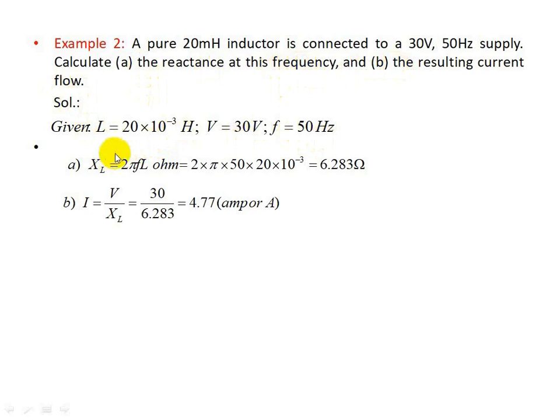To find the reactance, use the formula 2 pi f L. Substitute the values and you get 6.283 ohms. The second part is to find the current. I is nothing but V by XL. Divide voltage by the inductive reactance and you get 4.77, and its unit is ampere.